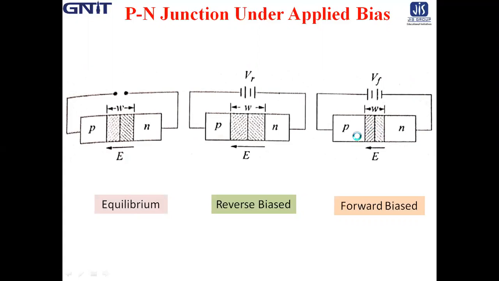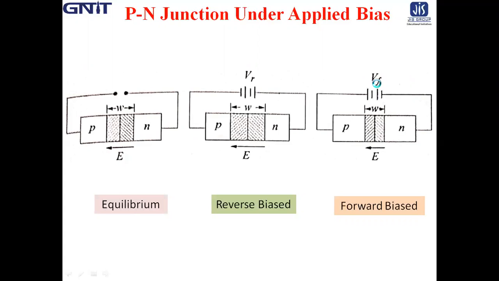That means P side is connected to the positive terminal of the battery and N side is connected to the negative terminal. And the built-in potential across the depletion or space charge layer will be reduced to VBI minus VF, where VF is the forward bias.